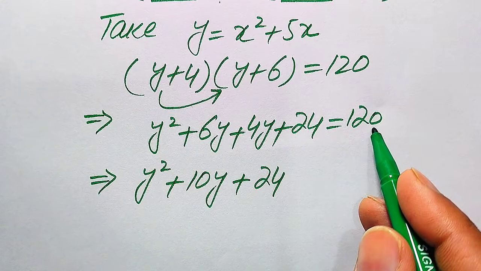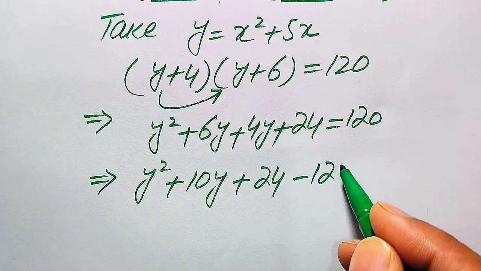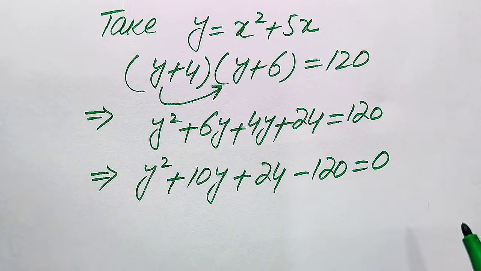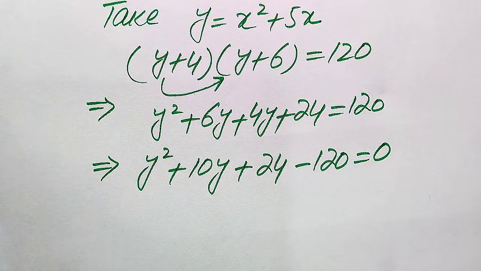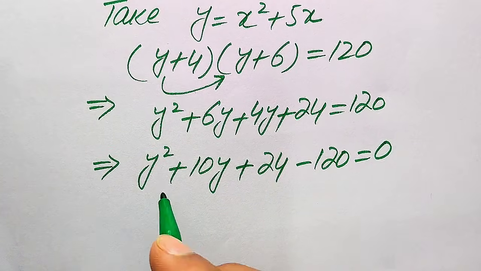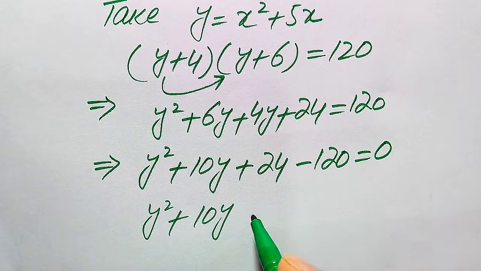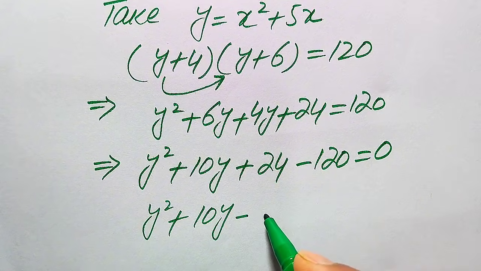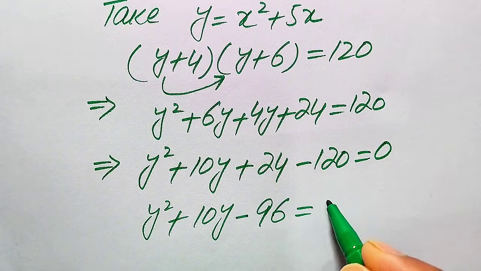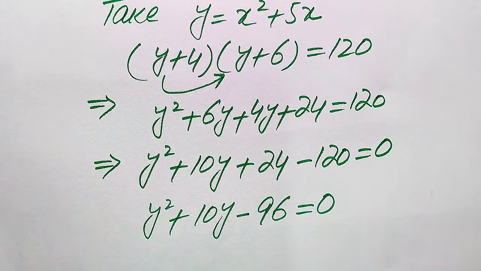And when we move this 120 to the left hand side, it becomes minus 120, and this whole equation is equal to 0. So from here we get y squared plus 10y, and 24 minus 120 is equal to minus 96, and this whole equation is equal to 0.